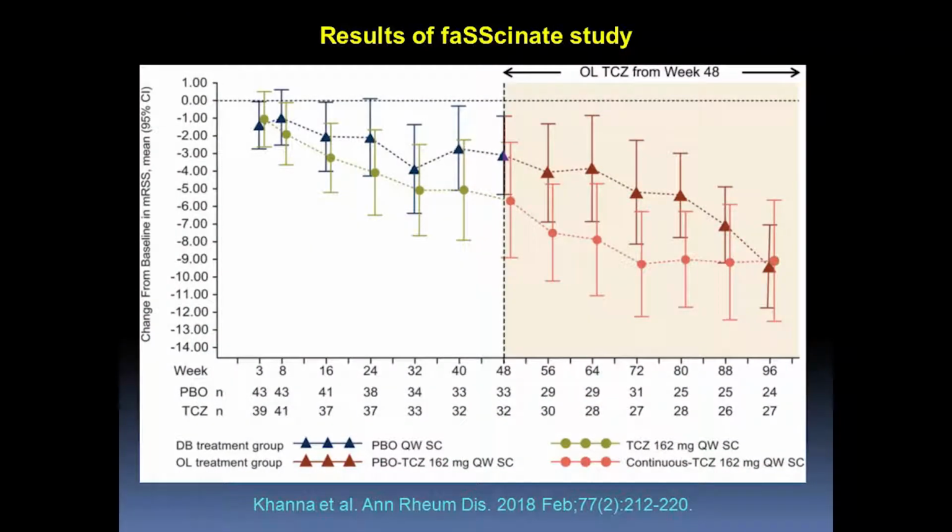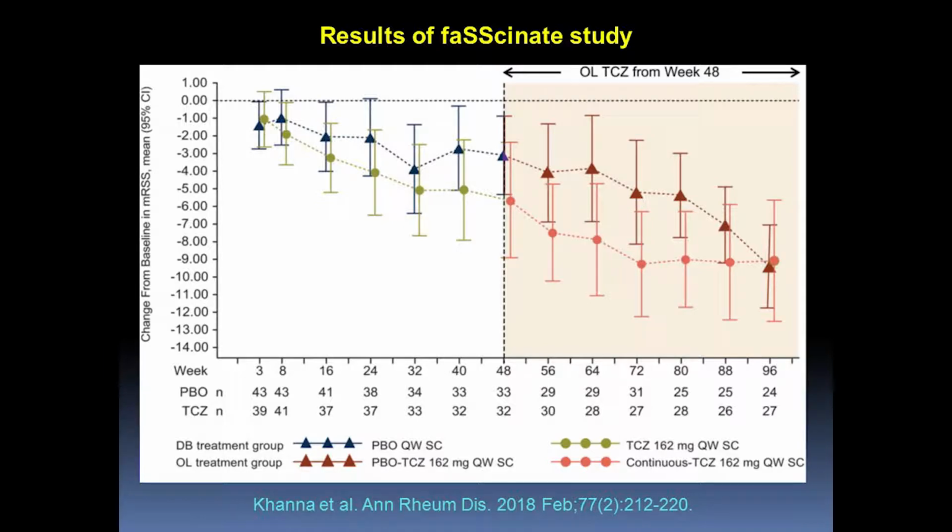So these are basically the two graphs. The first part is the randomized phase of the study. The second part is the open-label extension. The top line indicates patients receiving placebo. The skin score does go down, and for sure from here they're getting the drug. The second line is patients who have been receiving tocilizumab from the beginning, and their skin score was lower.